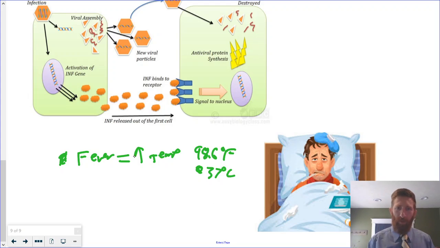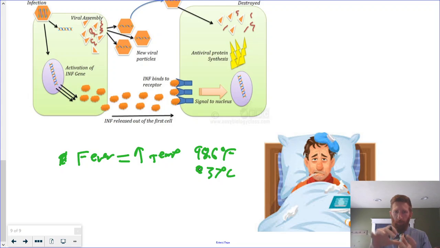So if the body senses an infection, or sorry, I'll back up. The reason why the body will increase its temperature if it senses an invasion is because enzymes don't work well at higher temperatures. If you remember from regular biology, AP biology, they get denatured, right?